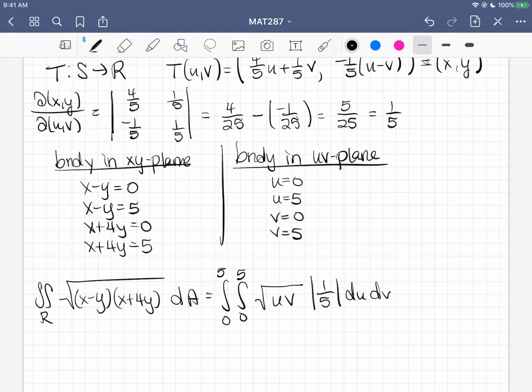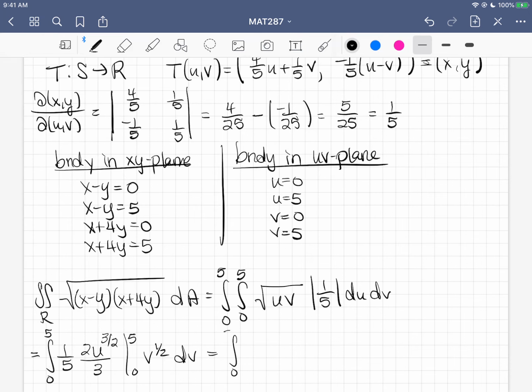You can see that's a lot simpler to integrate. Let's go ahead and just do this integral. I have 1/5 times, I have a u to the 1/2, so I add 1, so u to the 3/2, and then divide by 3/2, evaluated from 0 to 5. And I've still got a v to the 1/2 here and a dv.